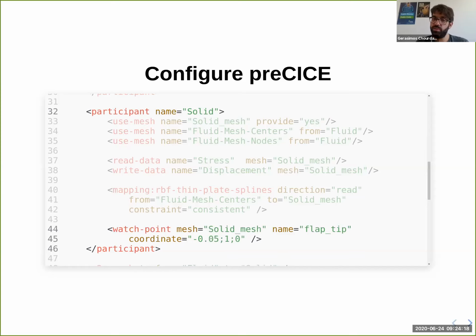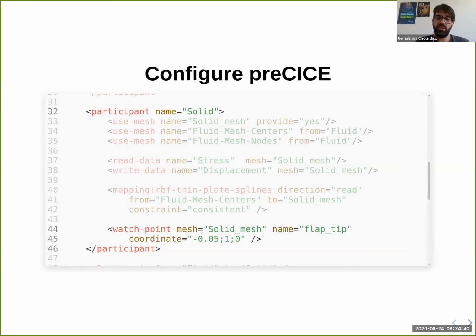And just for the demonstration, I want to show you a nice feature. You can also define a watch point on a preCICE mesh, which will plot you the values of the data that this mesh carries over time.